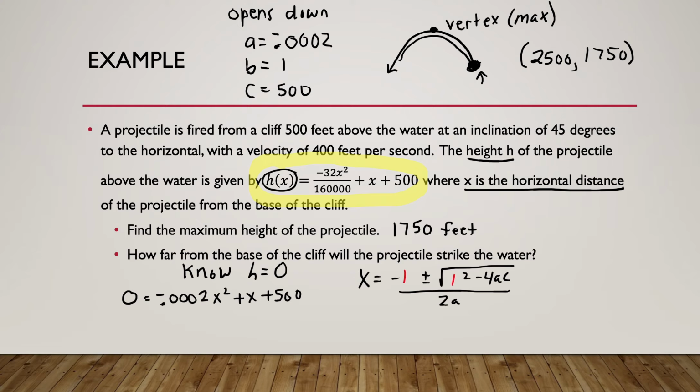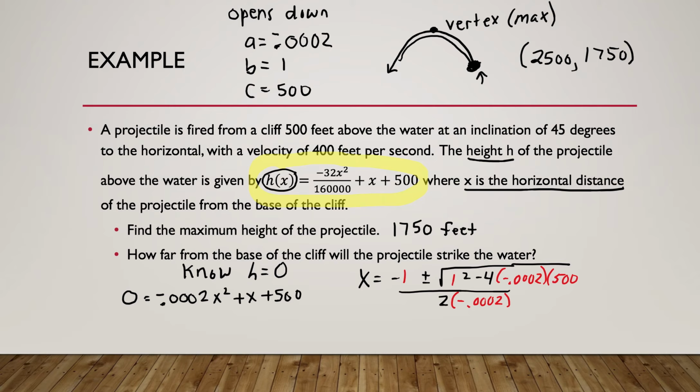Everywhere there's an a, I'm going to be putting that decimal. And then for the c, I'm going to be putting in the 500. Okay, so let's see what we can do to work this thing out.